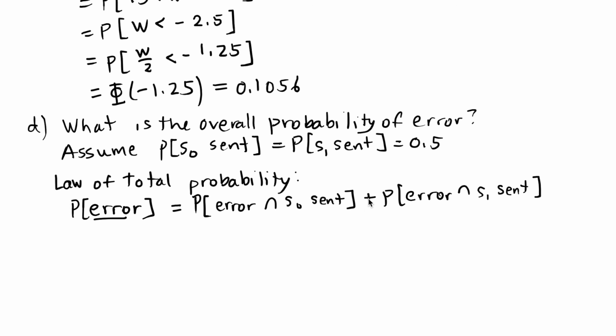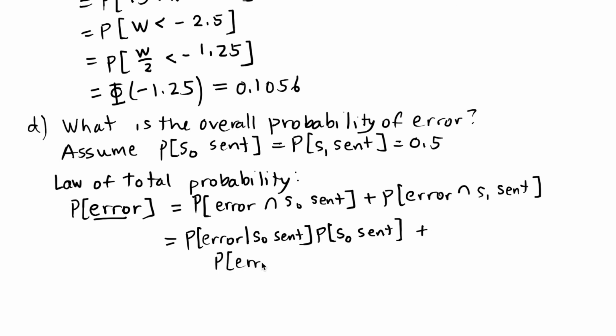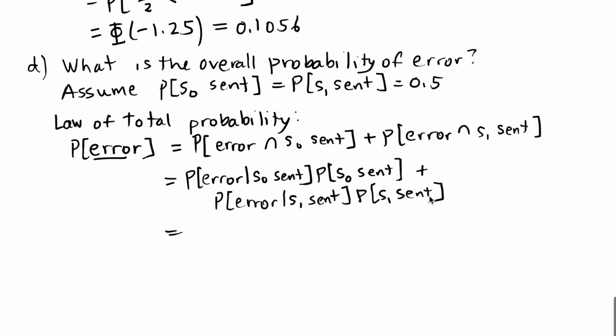Once I've divided up my probability into two parts here, I can write this intersection of error and S0 sent as the conditional probability of error given S0 sent times the probability that S0 is sent. This is how I define the conditional probability, as the joint probability divided by the probability of S0 sent. So this product becomes the joint probability. These probabilities are both 1/2.